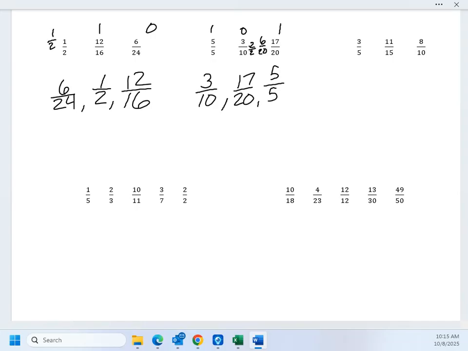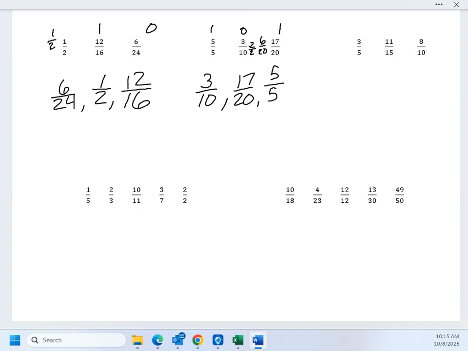Now let's look at 3/5, 11/15, and 8/10. Oh goodness. What should I do to solve this one? What would you do, Rhoda? Common denominator. Yeah, I would probably do those equivalent fractions too to get this common denominator. What would be a common denominator of 5, 15, and 10?